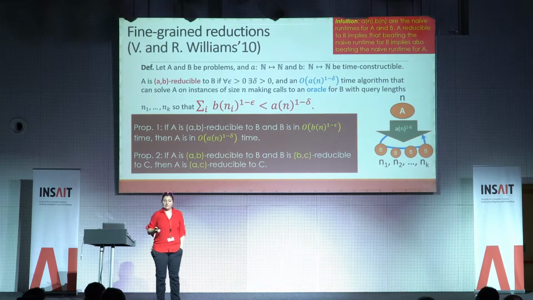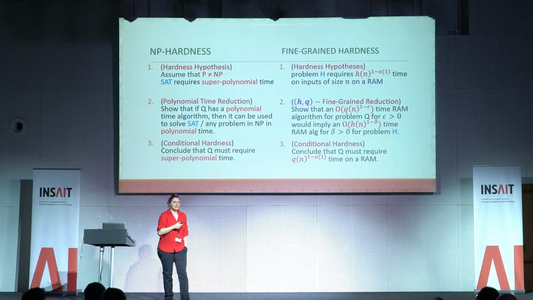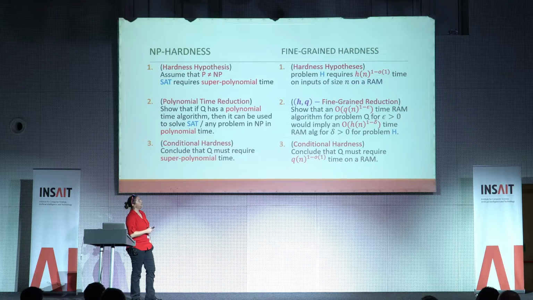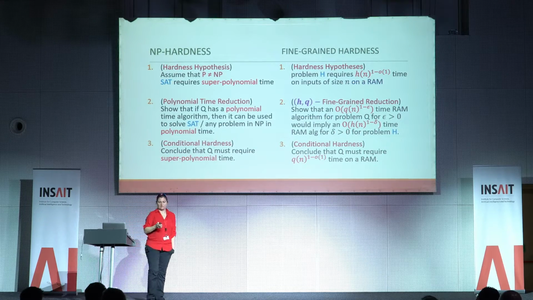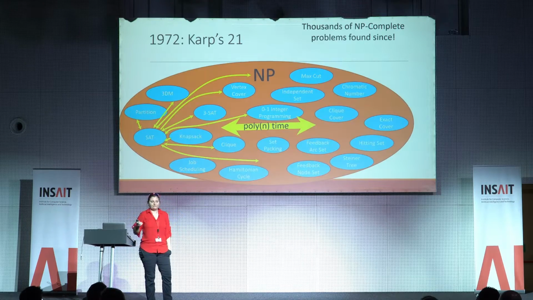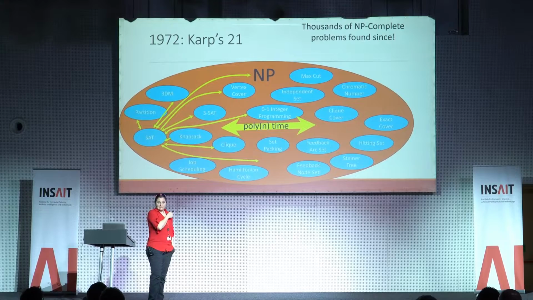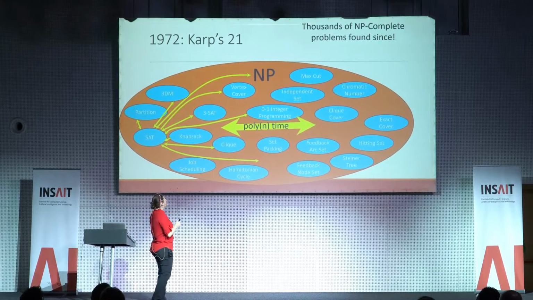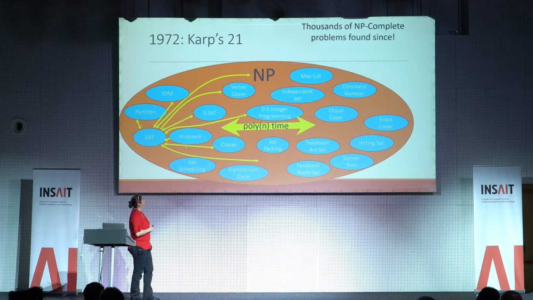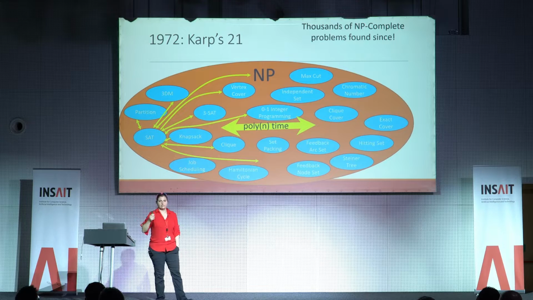And it's extremely useful. Okay, so we use this notion of reduction here, and if the reduction exists and the problem H is actually hard, then we also get hardness for the problem that we care about, but with this other runtime. Let me give another parallel. So over here in 1972, Karp showed that a lot of problems, 21 problems, are NP-complete.